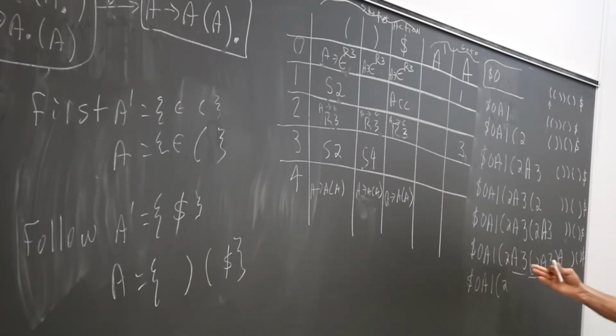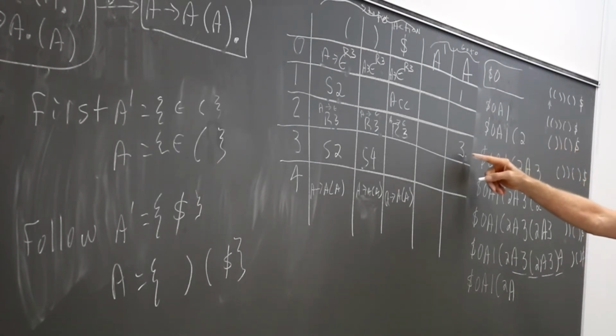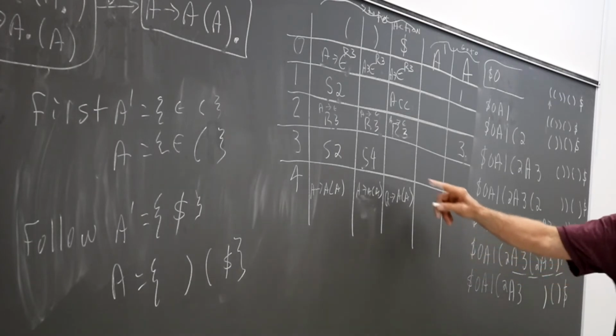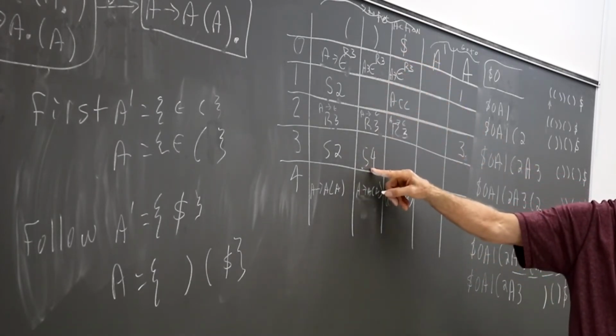And I pop all that off, and I push its left side on, which is an A. Then I look at 2A and it says I'm in state 3. 2A, state 3. And I've got paren, dollar left. 3 right paren, shift 4.